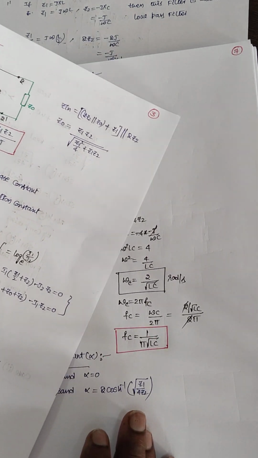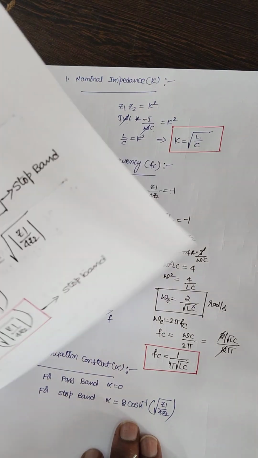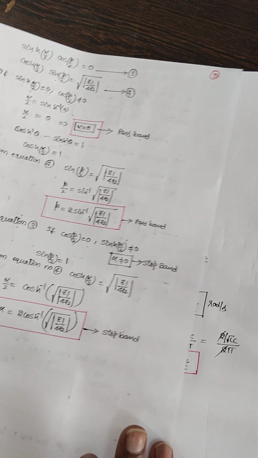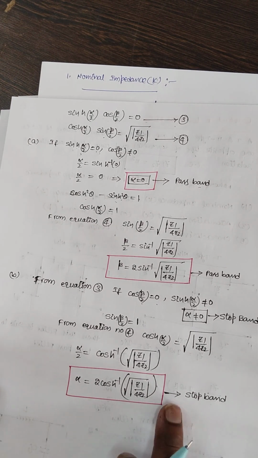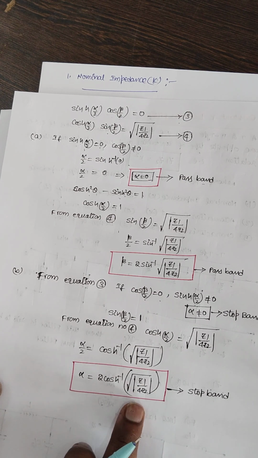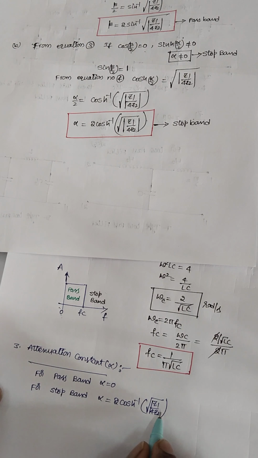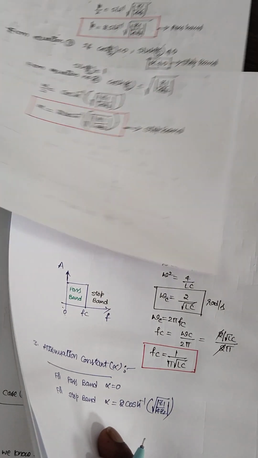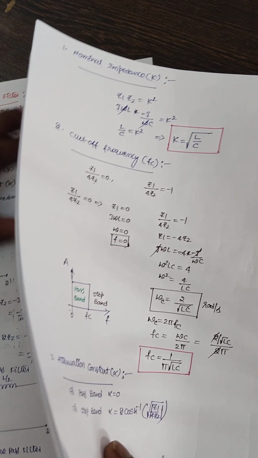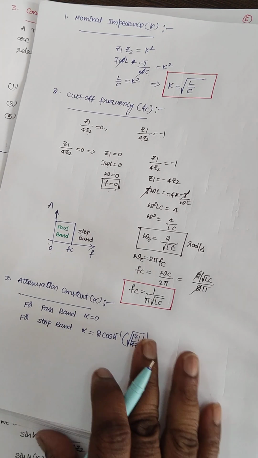For alpha, for the stop band, alpha is equal to 2 cosh inverse of square root of modulus of z1 by 4 z2. So use that expression to find the value of alpha.